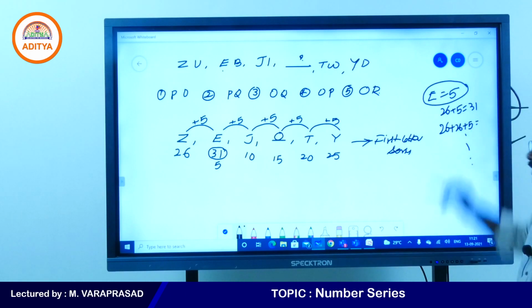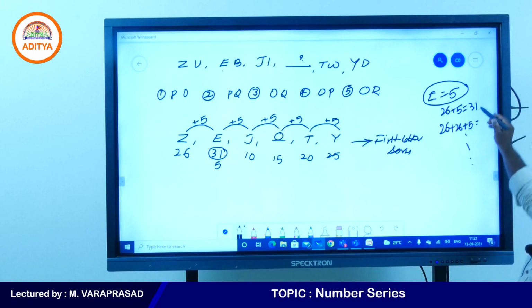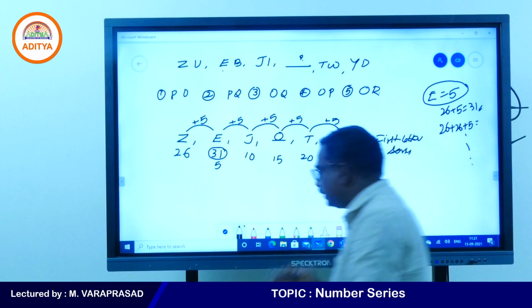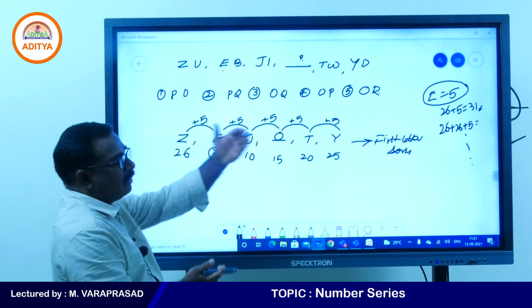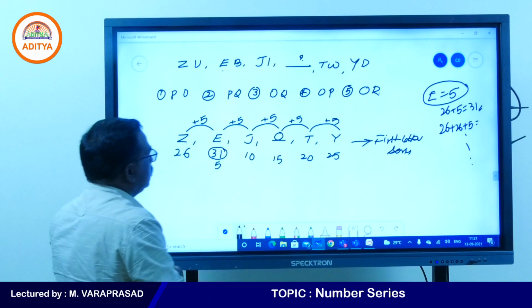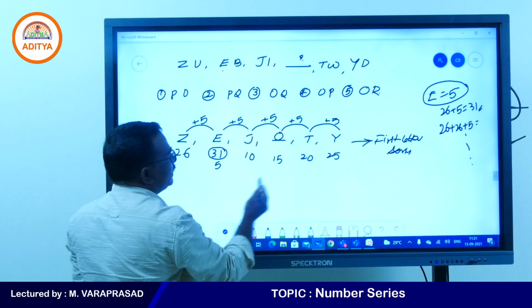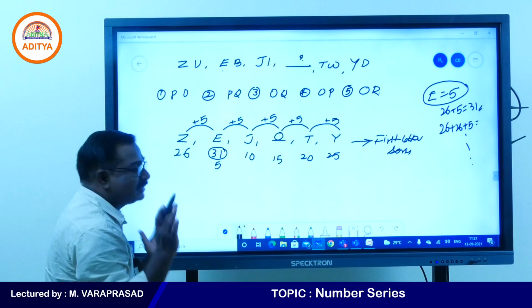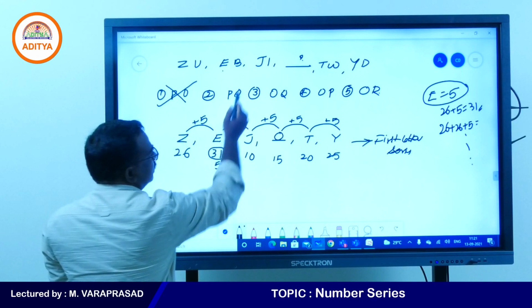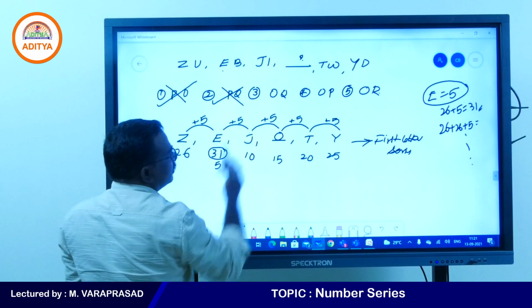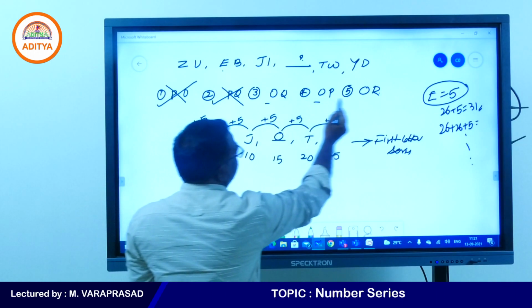Generally E is the 5th letter according to the alphabet. We can take any number of times. Now plus 5, plus 5, plus 5, the series is going on plus 5, and the answer starts from O. So this is not required, this is also not required, because the answer starts from O.